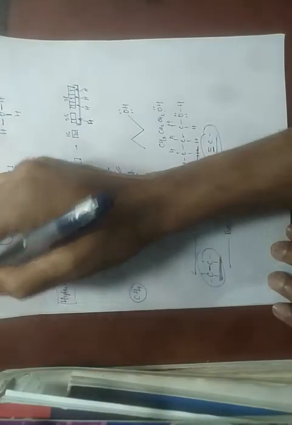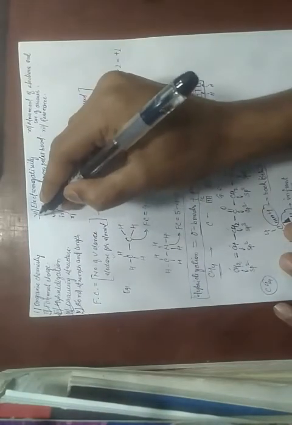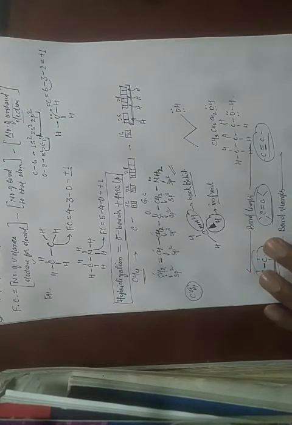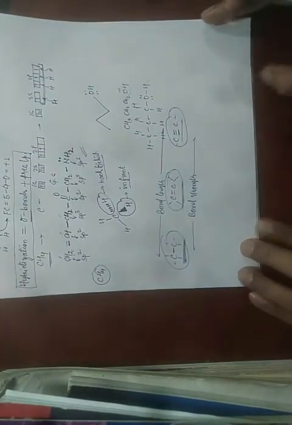Now next is electronegativity, which you can see here. Okay, so what is electronegativity? Electronegativity is a measure of an atom's attraction for electrons in a bond. When we talk about electronegativity, we can easily find out like this.